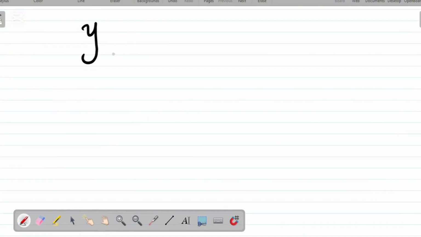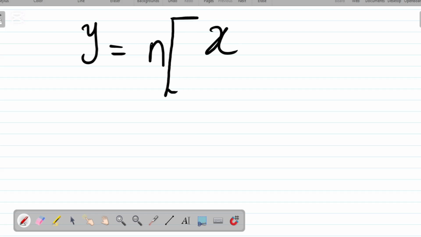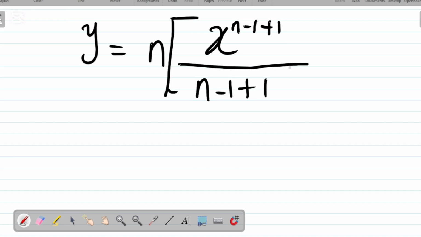So y becomes, if you integrate x raised to power n minus 1, you would have n open bracket x raised to power n minus 1 plus 1 all over n minus 1 plus 1, plus the integration constant.